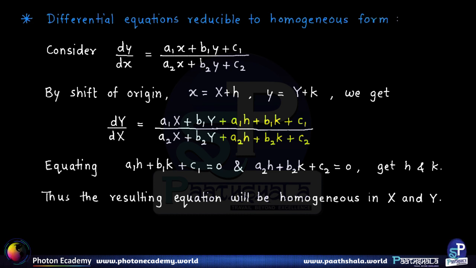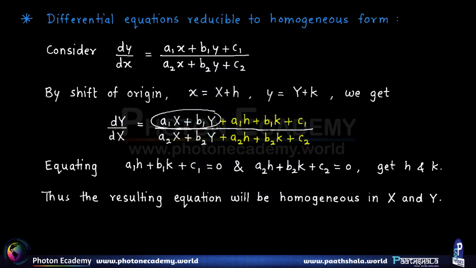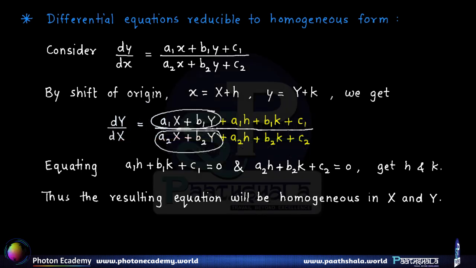Now if you observe, the first section, that is (a1 X + b1 Y) upon (a2 X + b2 Y), if we think of only this particular portion, then this is a homogeneous expression, correct? But if that is the case, then whatever are the remaining terms shown in yellow color here must be 0, isn't it?